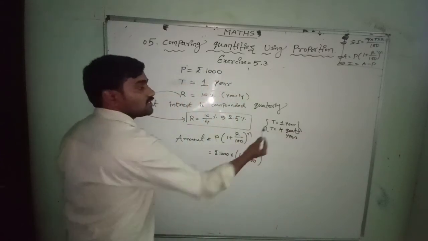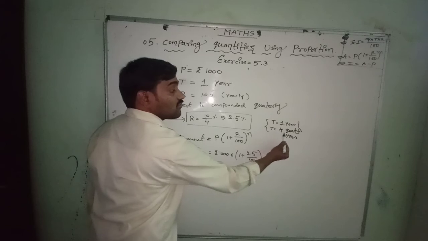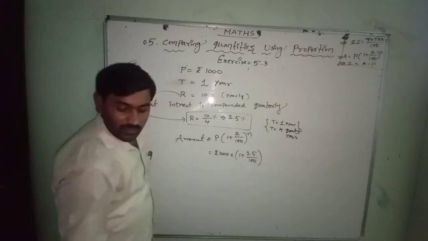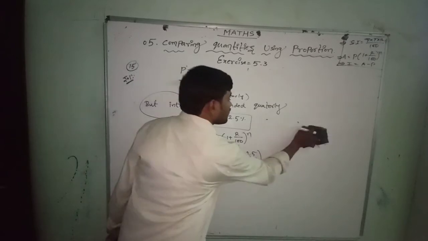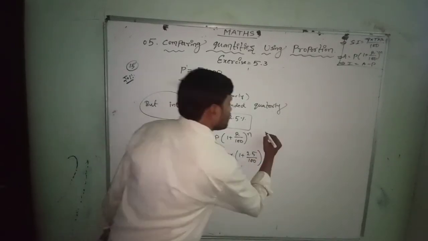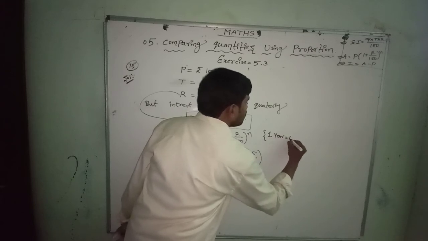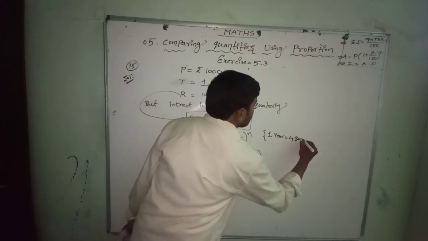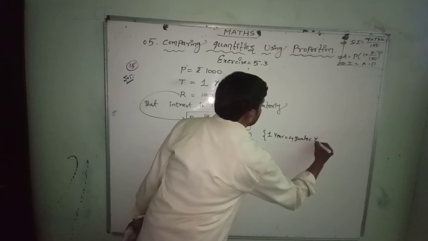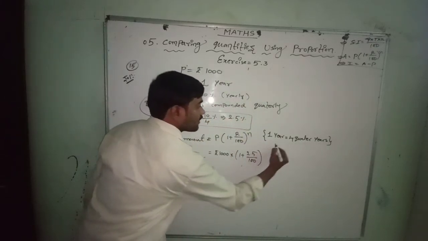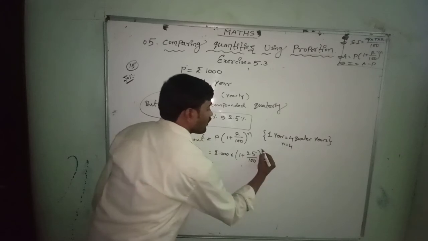So 1 year equals 4 quarter years. So we write n equal to 4.